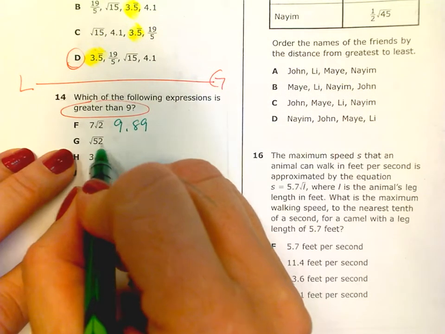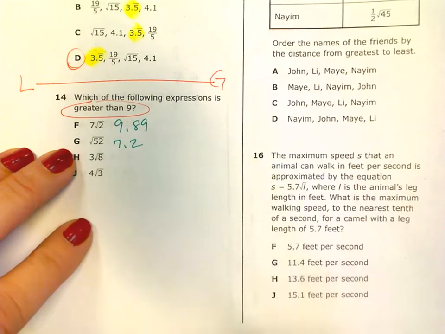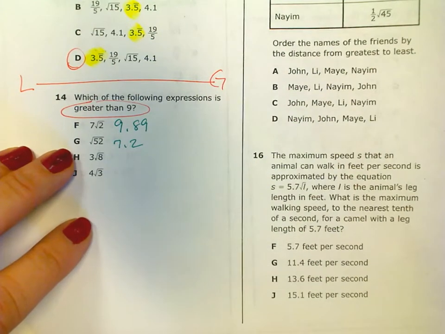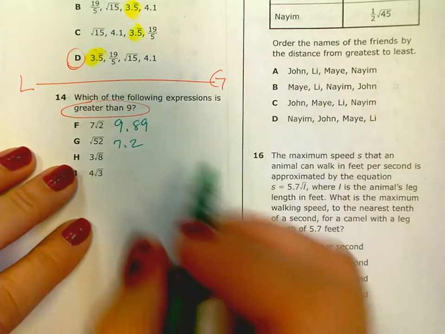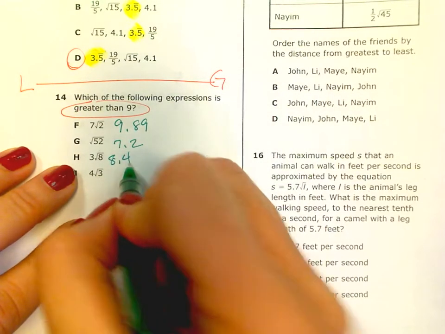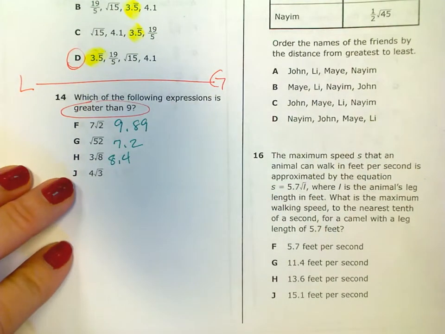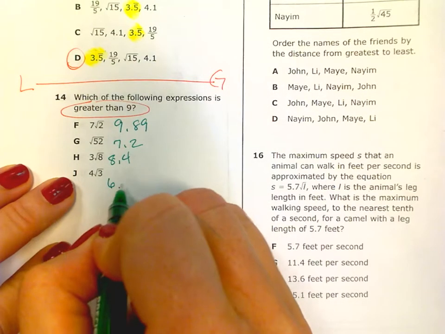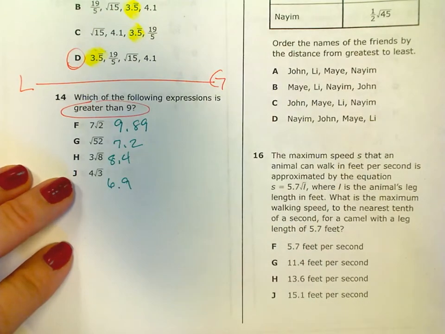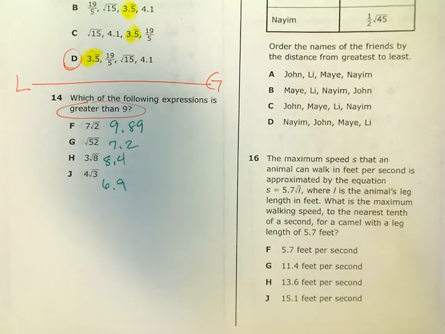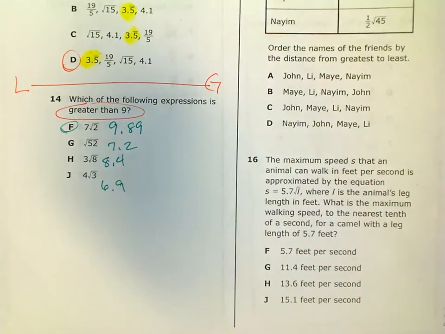The square root of 52, 7.2. 3 times the square root of 8 would be 8.4. And then 4 times the square root of 3 is 6.9. So again, I'm looking for something that is greater than 9. So F is your answer.